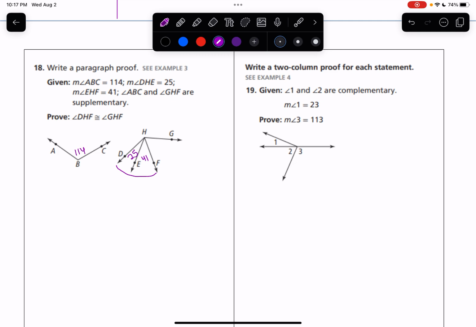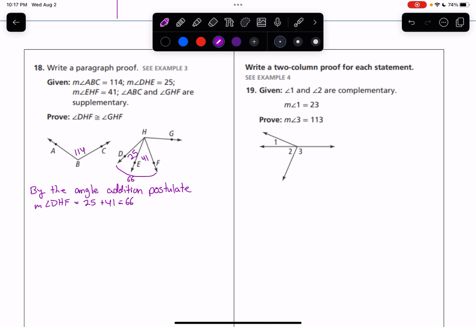So I can say by the angle addition postulate, I know that the measure of angle DHF, those two angles added together, is equal to 25 plus 41, which is 66 degrees. So I know that this whole thing is 66, okay?